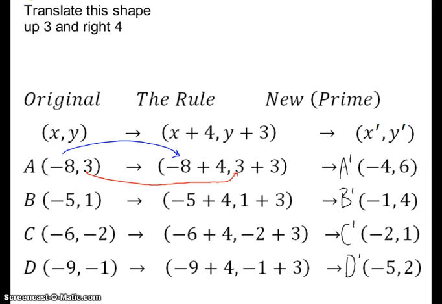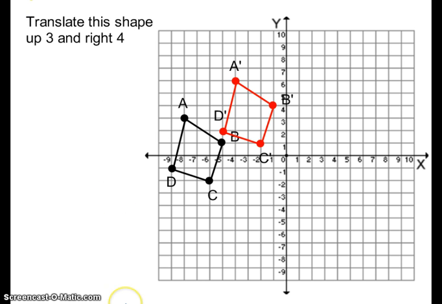That's my new shape. What I'm going to do is graph both sets of ordered pairs, making sure to label the vertices. That's what it's going to look like when we're finished. Notice when I did my labeling that for the new shape, I have the little prime marking right here. Okay, make sure you put the prime marking for the new shape. That's the only way for us to tell whether it's the new shape or the old shape.